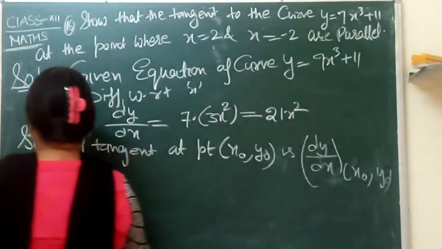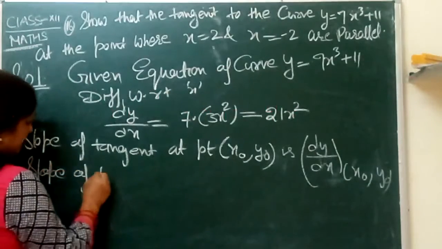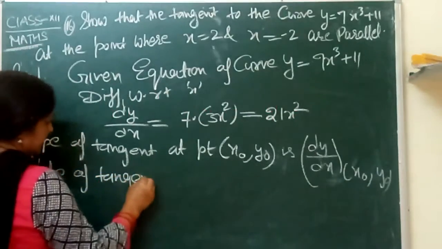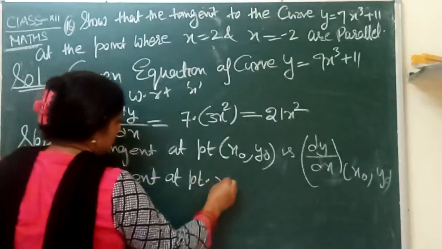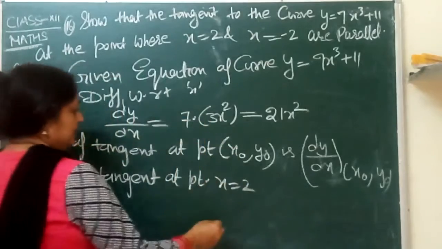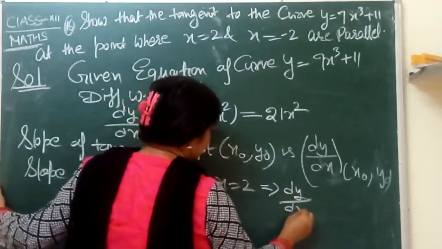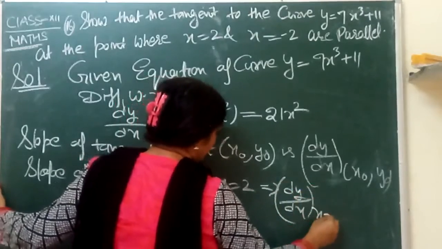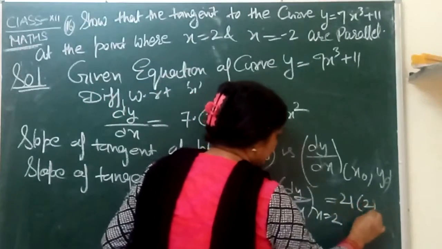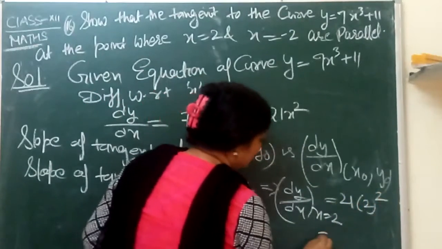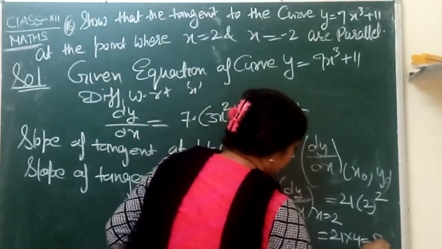Now slope of tangent at point x equal to 2. So what will come here? That is dy upon dx at x equal to 2. It will come 21 into 2 square, that is equal to 21 into 4, that is equal to 84.